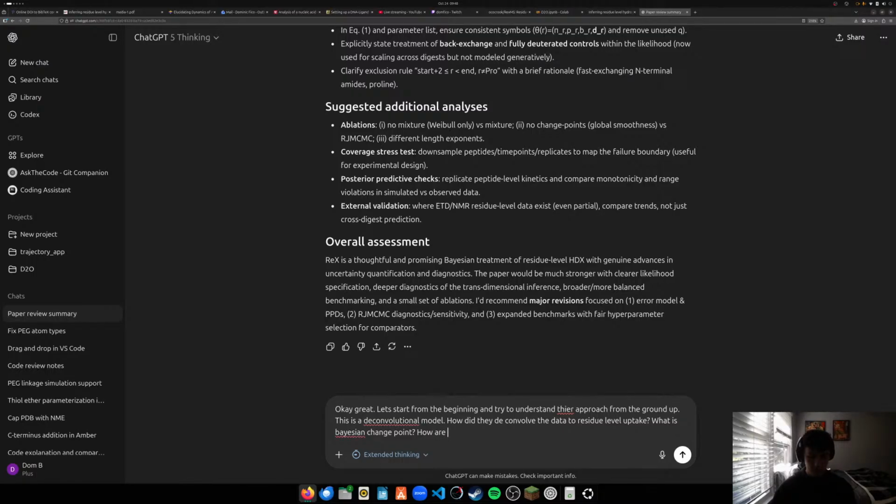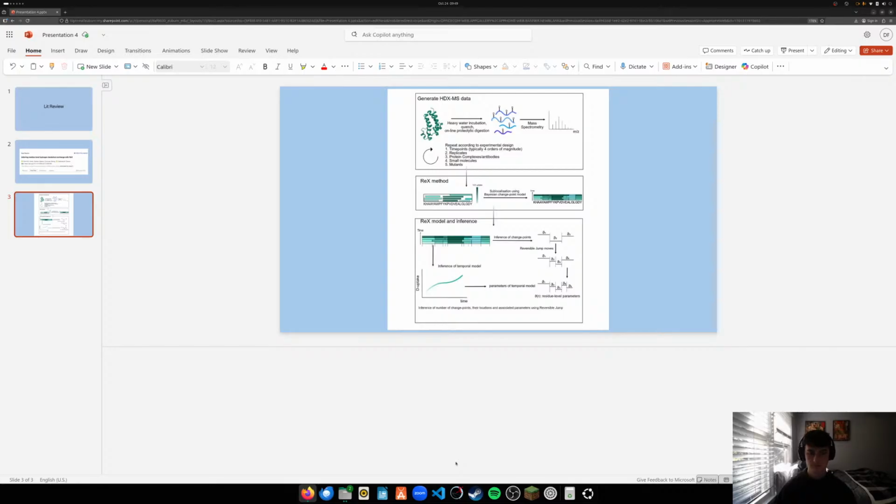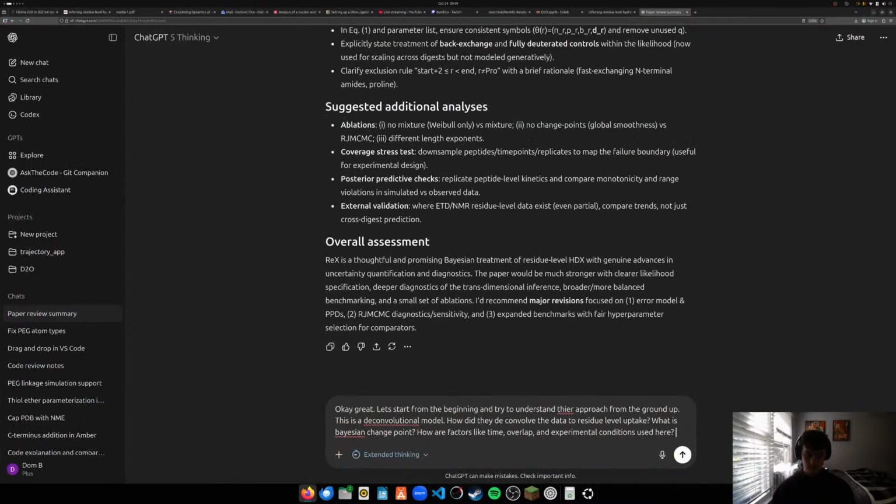How are factors like time, overlap, and experimental conditions used here? How is peptide length considered?